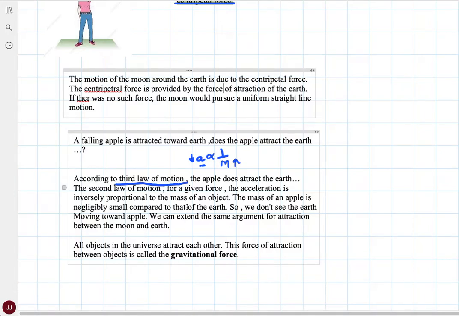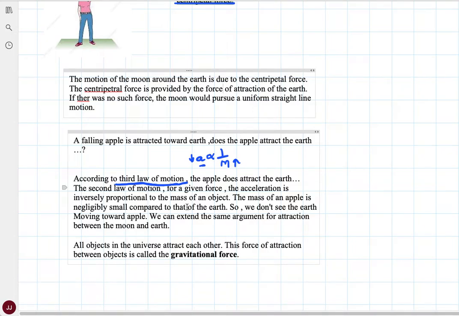If the mass increases, the acceleration will be less. Imagine the mass of the Earth. It is so huge that the acceleration generated by the apple is very less. That's why we don't see the Earth moving towards the apple.